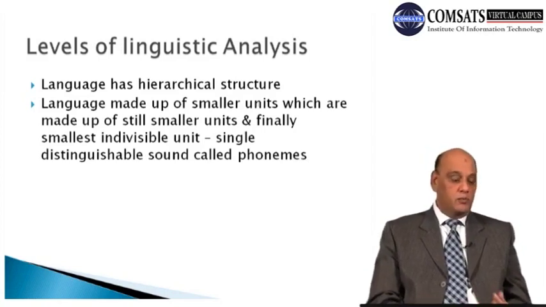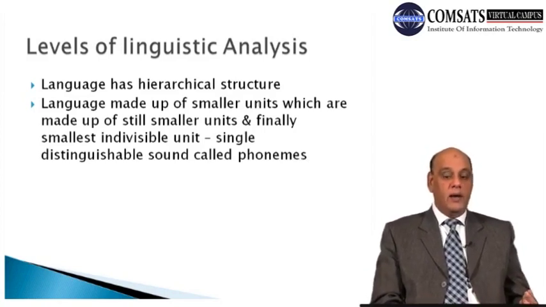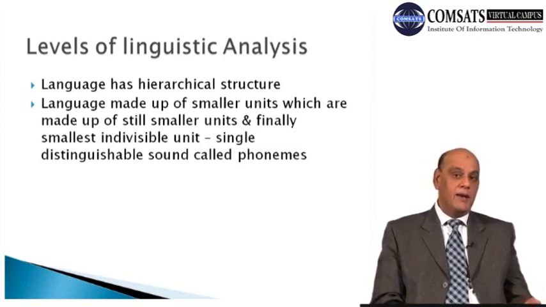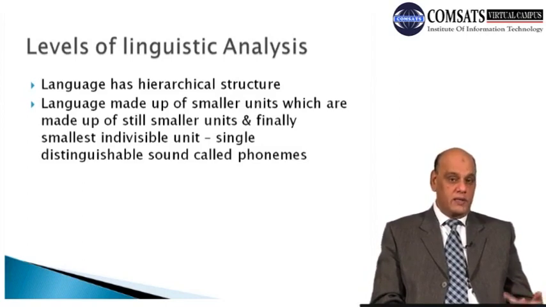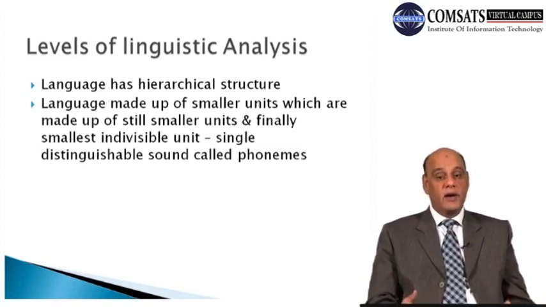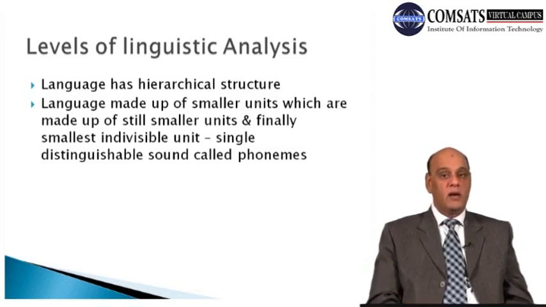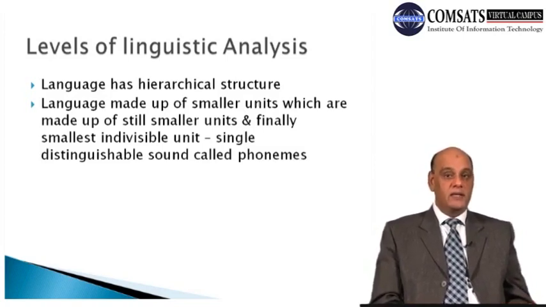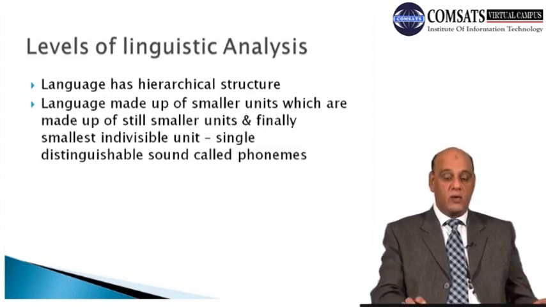So what does this tell us? The basic smallest indivisible part is the phoneme, the sound, and those combine to make words. Words combine to make phrases and sentences, and sentences combine to make discourses. So you have different levels. The lowest level, the basic level, is phonemes, the sound aspect.